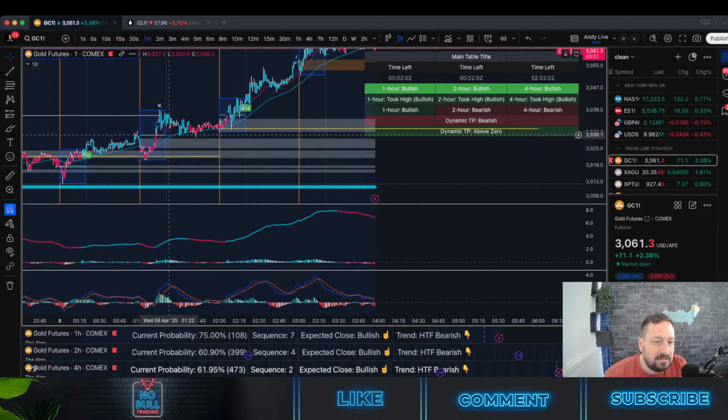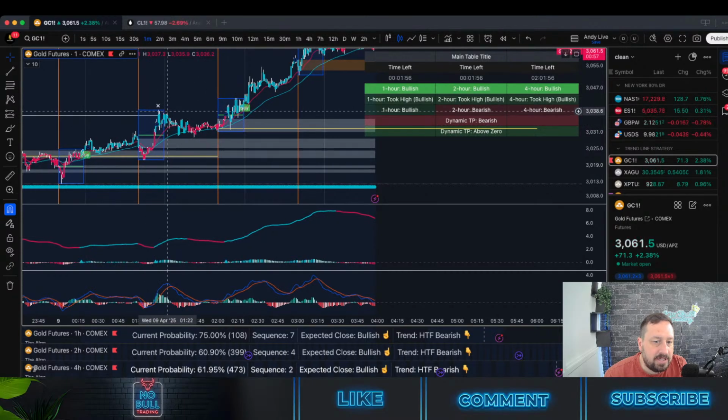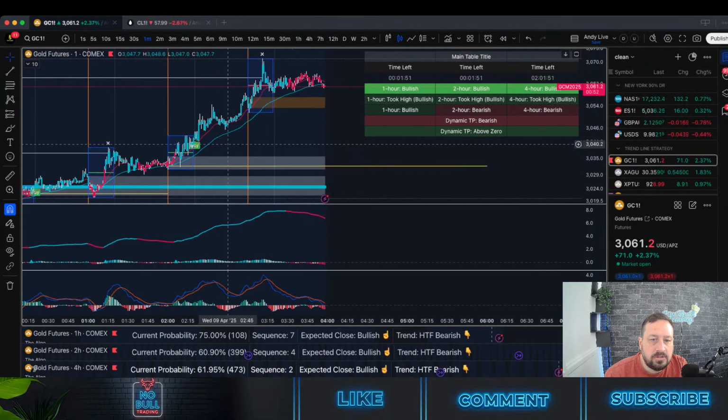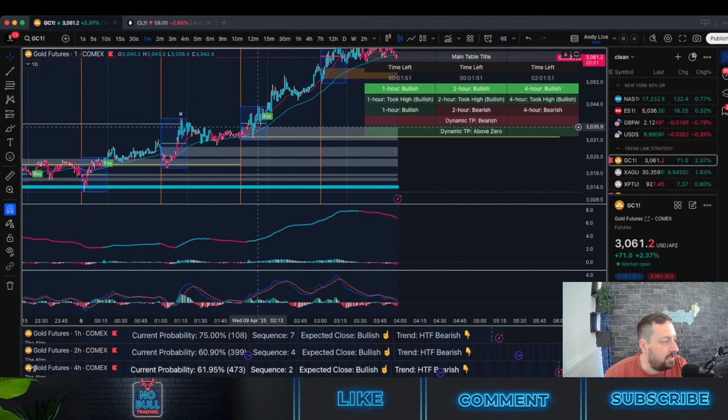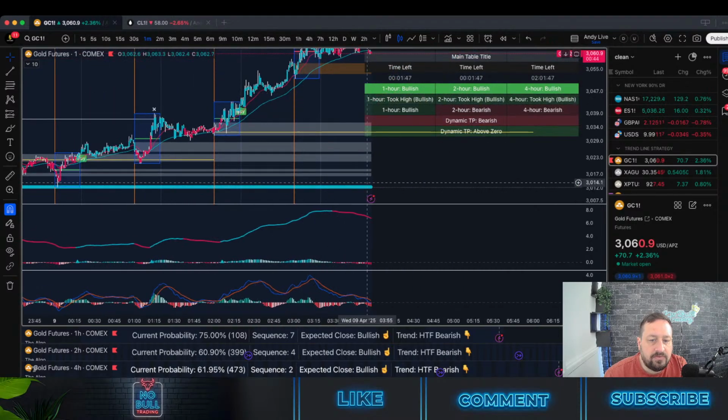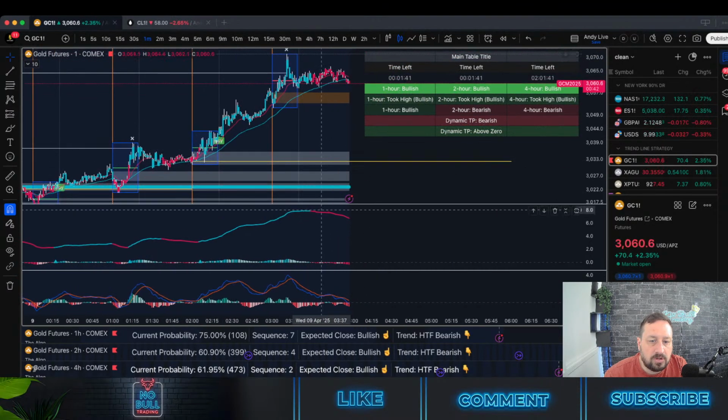However, here we'd have got the 50%, and then TP. So, you know, it just gives you another way of getting in. But yeah, we're very, very bullish on gold.